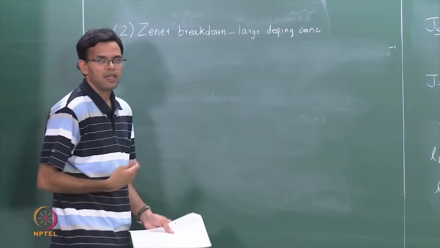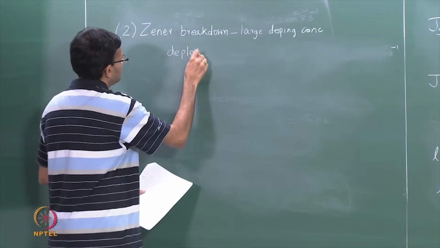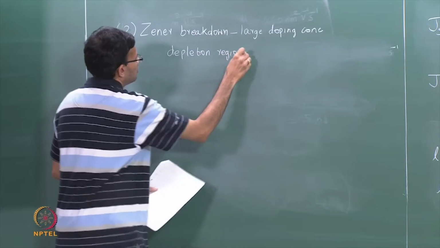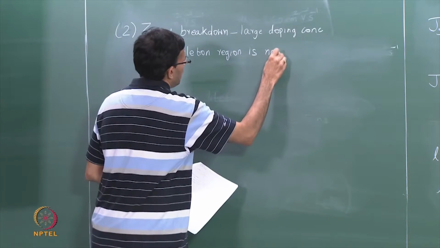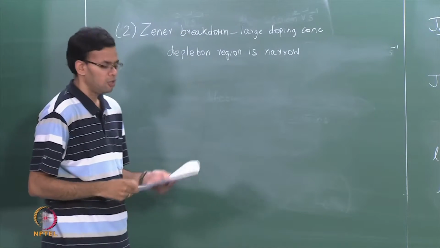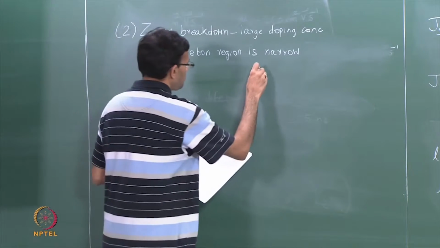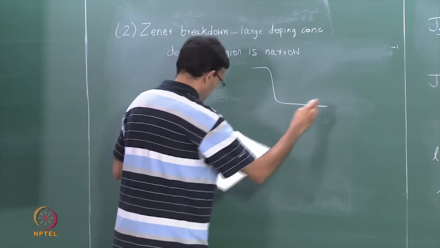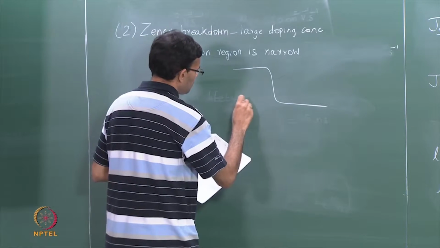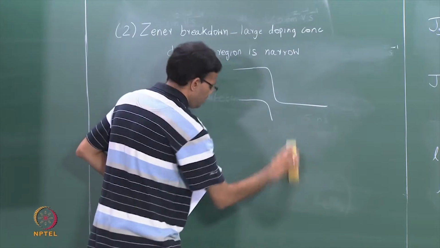In this particular case, the depletion region is thin or narrow. So, if we were to draw the energy diagram for this, let me just draw it slightly.